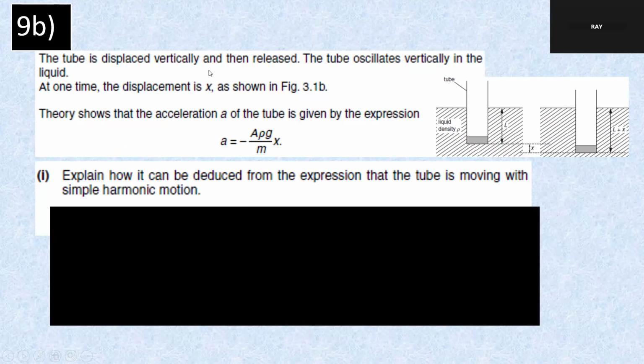The tube is displaced vertically and released and oscillates vertically in the liquid. That's the displacement x. You push it down, it oscillates up and down. From the theory, we derive this equation. Explain how it can be deduced from the expression that the tube is moving with simple harmonic motion.